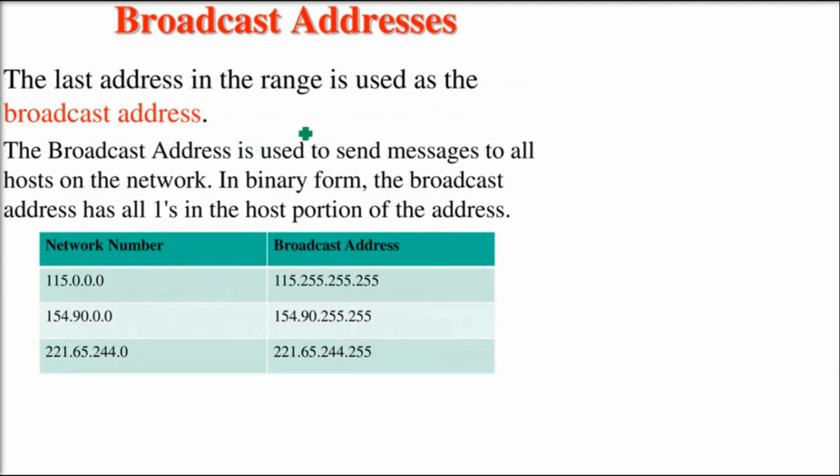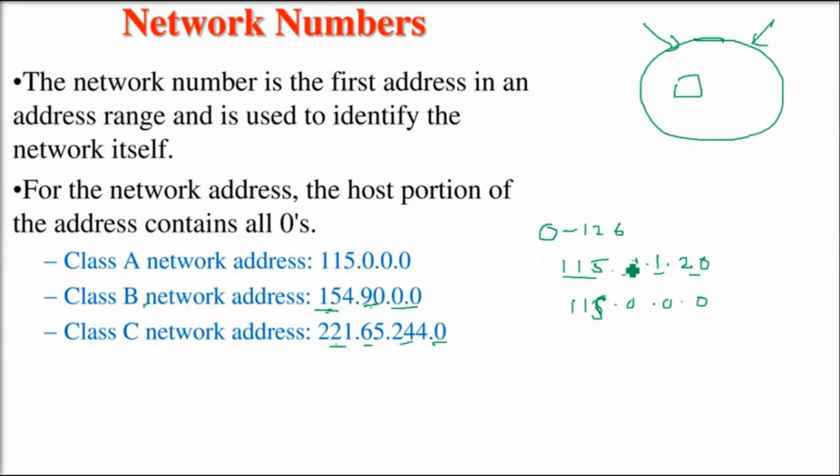Now what is the last one? As I said, 115.0.0.120 was some host, and 115.0.0.0 was the network number, the whole network number. What about the last number of this series? I want to send a single message to all the hosts present in this network. It may be 1 to 100 million hosts.